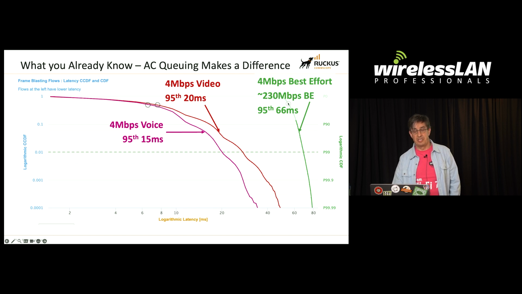So those 4 flows. The voice and video get great latency of 15 and 20 milliseconds. Not surprisingly, the best effort flow gets 66 milliseconds of latency, just because there's so much other traffic in that queue as well. So how did we get these results?